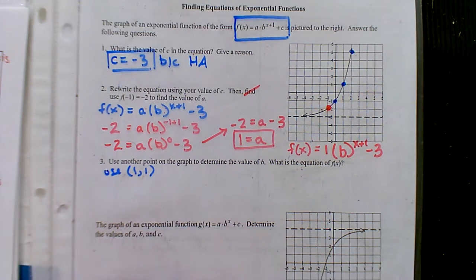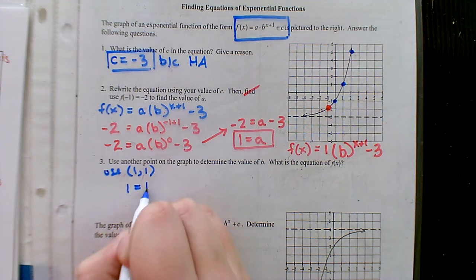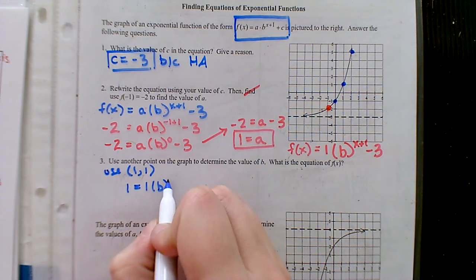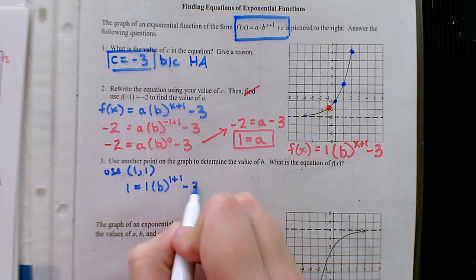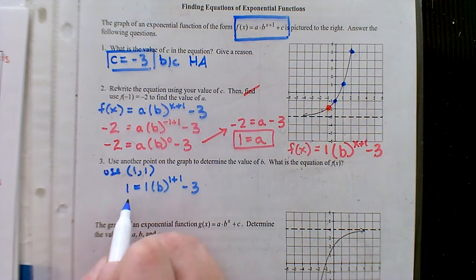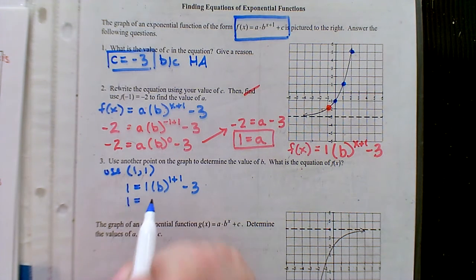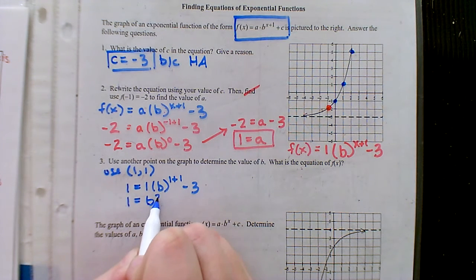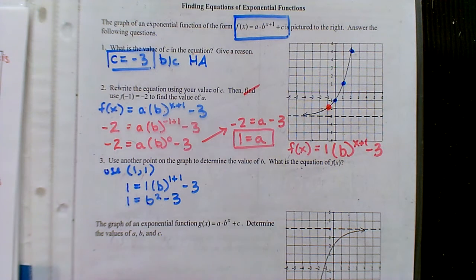Let's plug in 1 for the y position and 1 for the x, and let's solve for b. So we have 1 equals b squared minus 3.